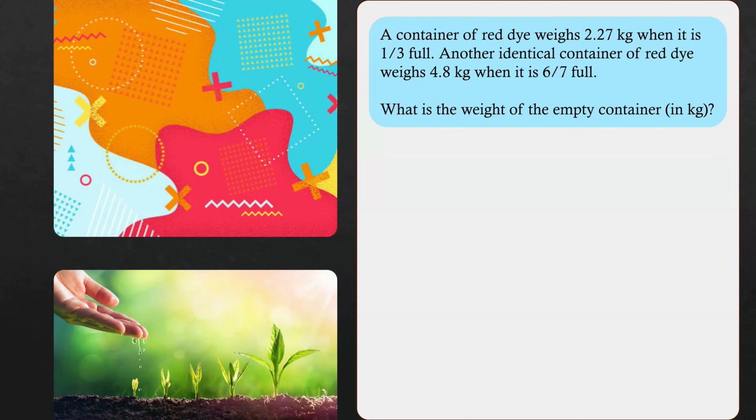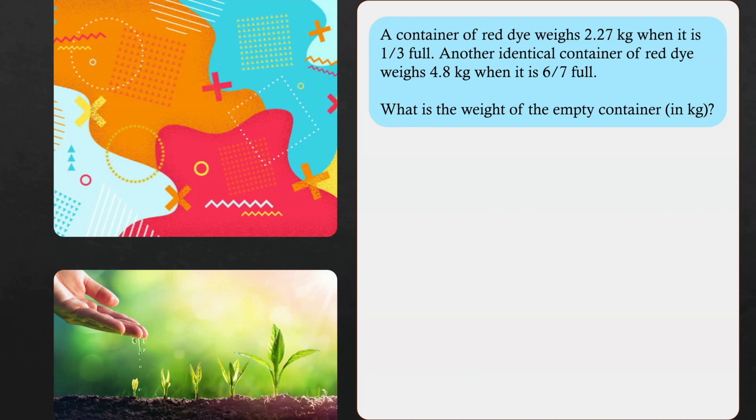Now, here we have a container of red dye weighing 2.27 kilos when it is a third full. And you have another identical container, and it weighs 4.7 kilos when it is 6 out of 7 full.